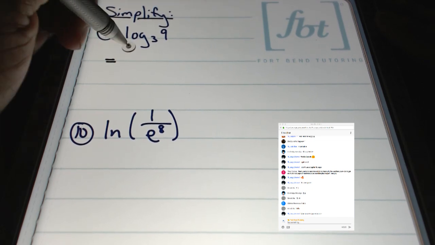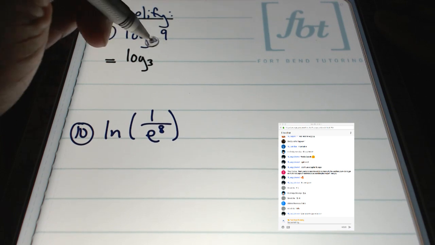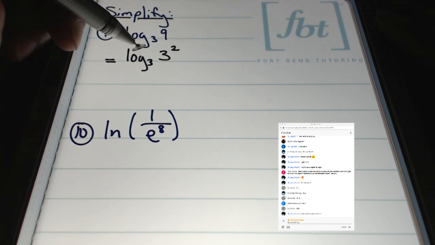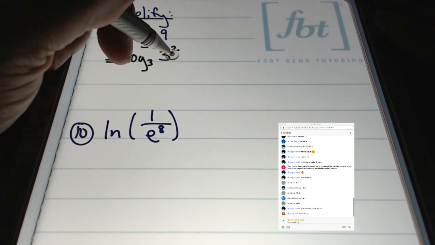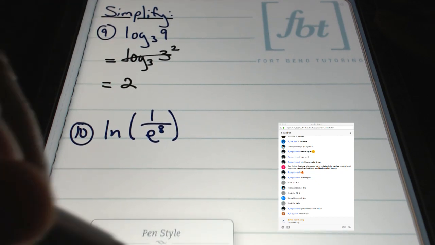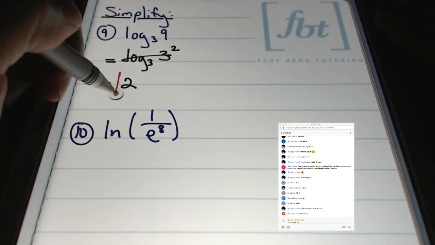So we could rewrite this as the log in base 3 of the value 9 in the form of 3 squared. And due to one of the properties that we saw earlier, anytime your argument and your base are identical, all of this will cancel out to give you the exponent, which in this case is 2 as your final result. And this is our answer.